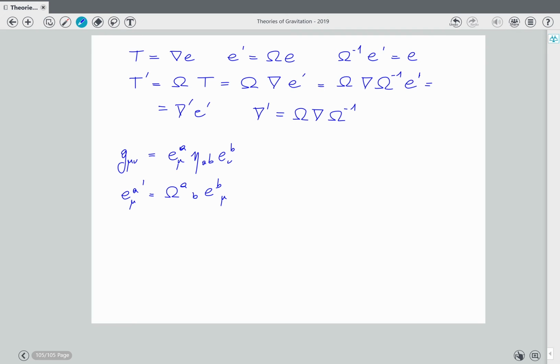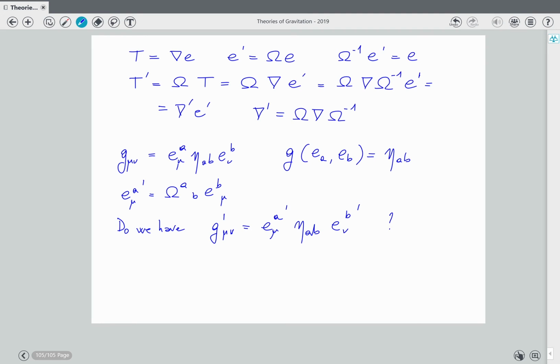Is g mu nu prime equal to e mu A prime eta AB e nu B prime? In general, no, because the E_A are the vectors that diagonalize and orthonormalize the metric with a signature.